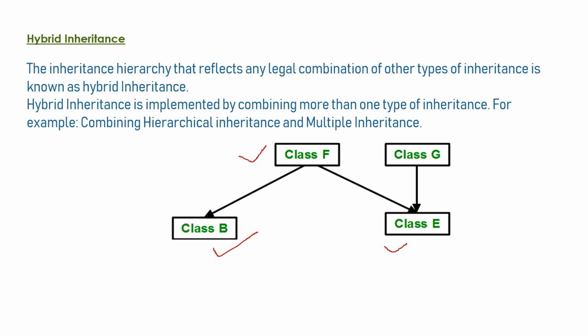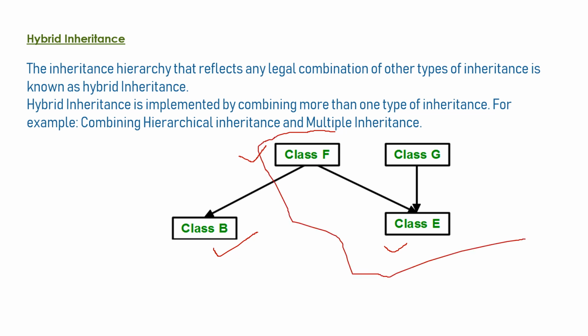So here in this diagram we can see class F and class G are acting as base classes for class E. So for now we are seeing how multiple inheritance works. Now let's see this part.